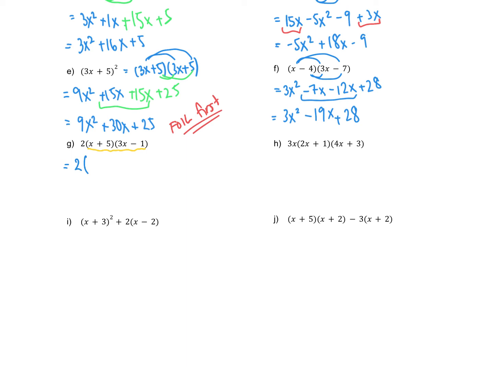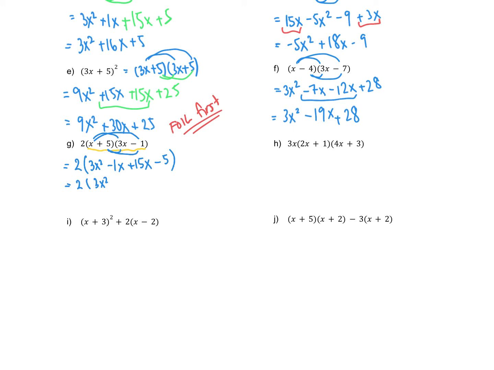So I'm going to do x times 3x to get 3x squared, x times negative 1 to get negative 1x, 5 times 3x to get 15x, and 5 times negative 1 to get negative 5. And at this point, you can collect your like terms right now and then distribute the 2 in, or distribute the 2 in and then collect. I'm just going to collect to make my numbers a little smaller.